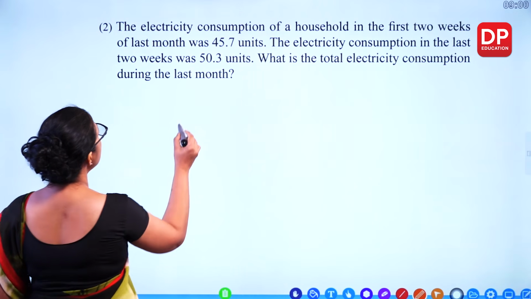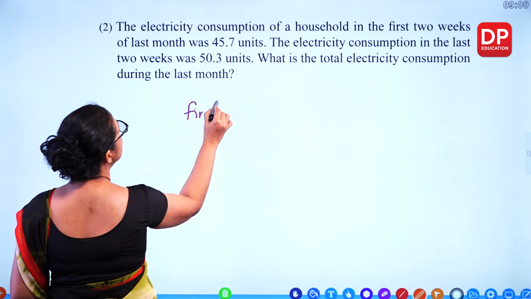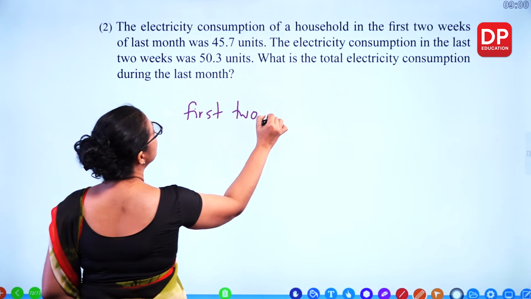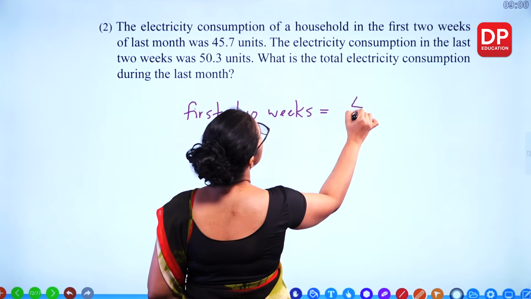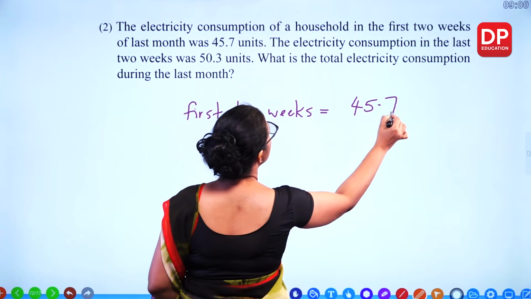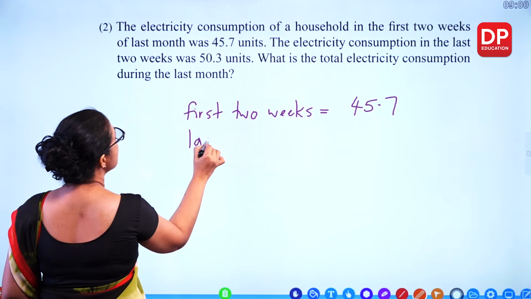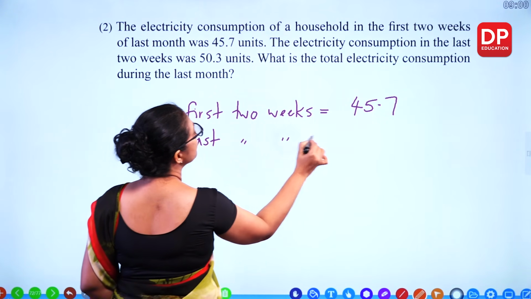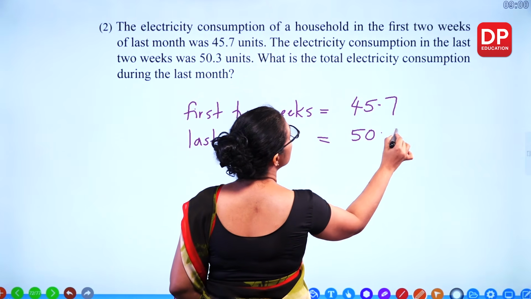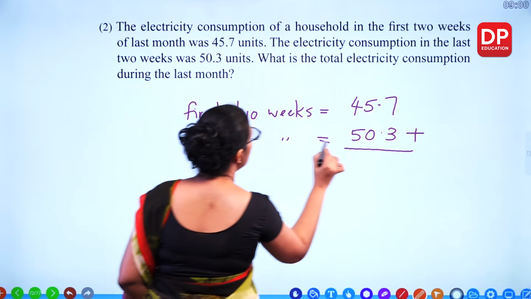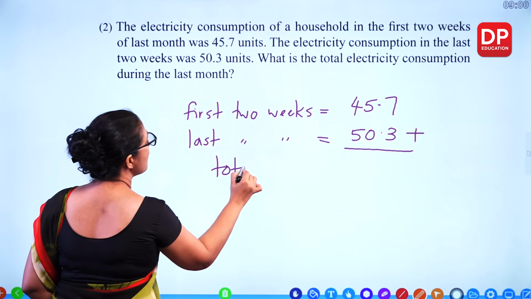So first 2 weeks, 45.7. Last 2 weeks, 50.3. So the total, you have to add the two.